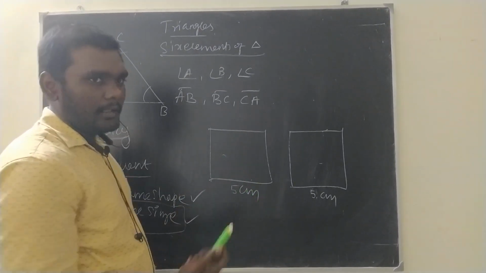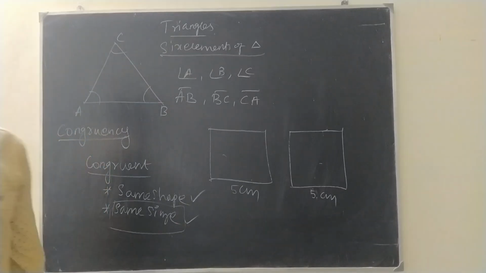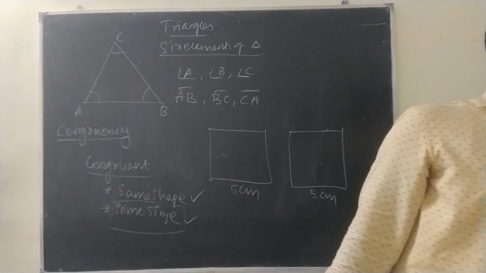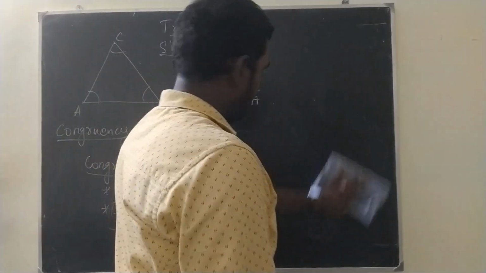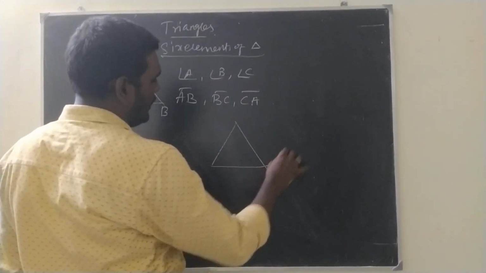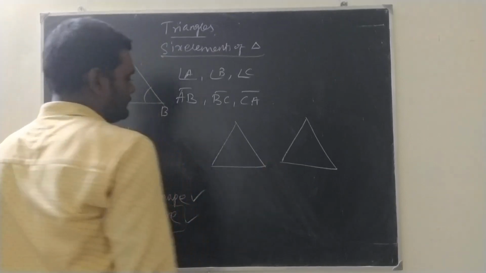This is for square. What about triangles? That is the one we are talking about right now, which we actually have to worry about. See, how do you say two triangles are equal, in the sense of congruent?